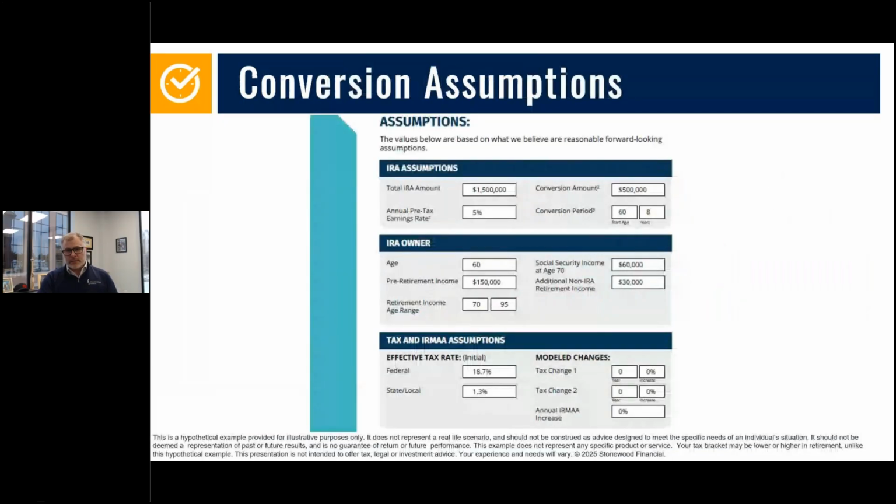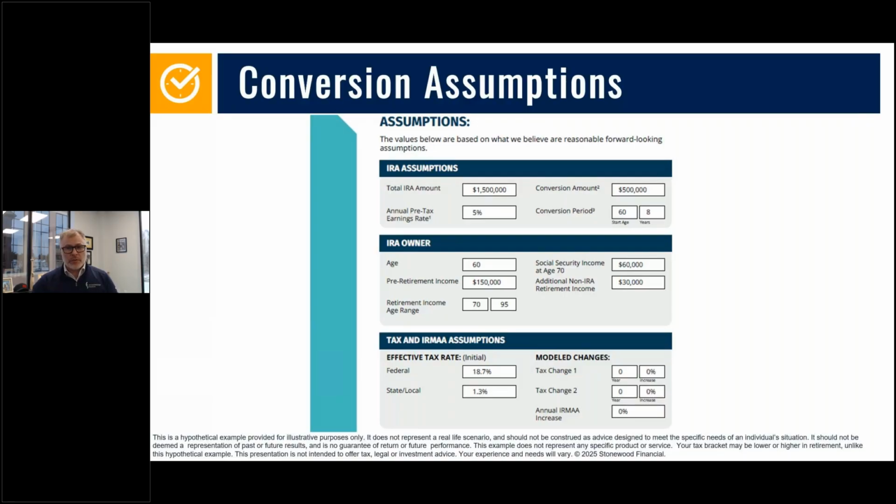Now, what you'll see here is that we're going to ask for a little bit more in the input process this time. If you're familiar with total tax burden, we just ask you, what's your client's effective tax rate? And you just have to put in there 15%, 20%, whatever it may be.